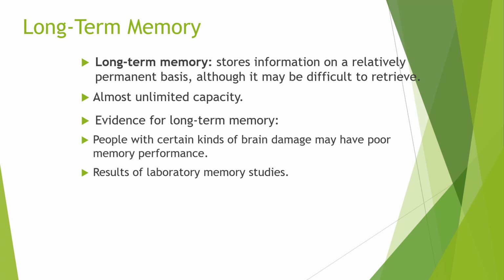The results of laboratory memory studies: there has been a plethora of studies conducted on memory, and a lot of that research has been done in a very controlled laboratory type of setting.